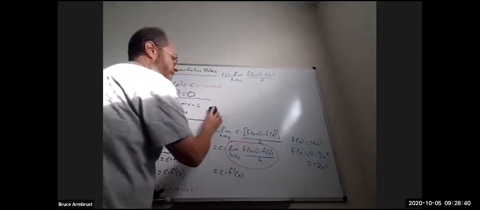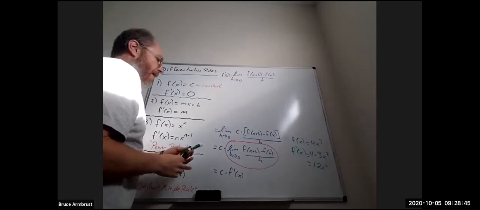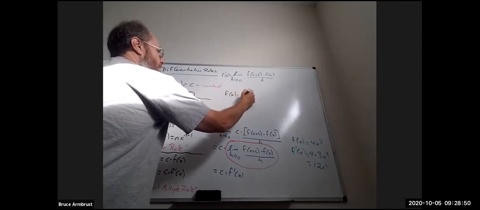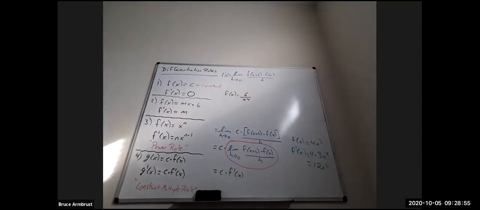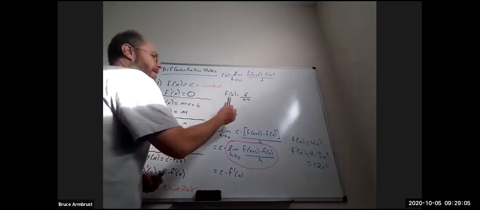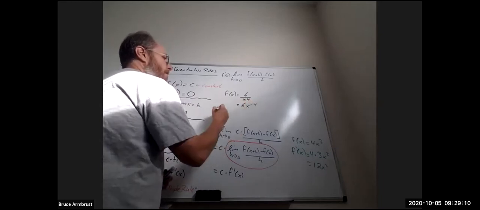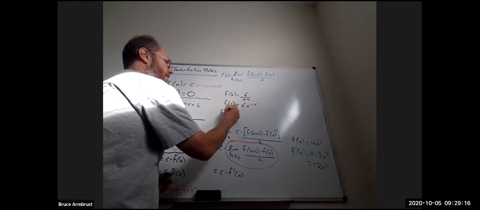Here's another one. Let's say we've got f of x equals 6 over x to the 4th. So this is one where we have to get a little sneaky. The x to the 4th, recognize that that's x to the negative 4. But now that we've got that, here comes our derivative.